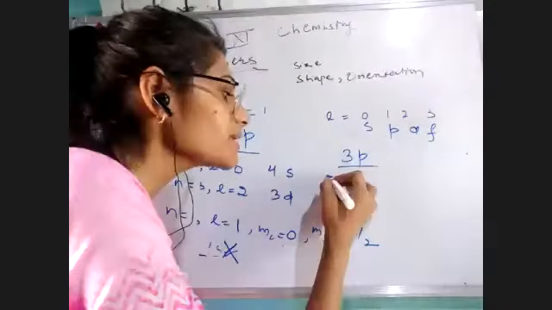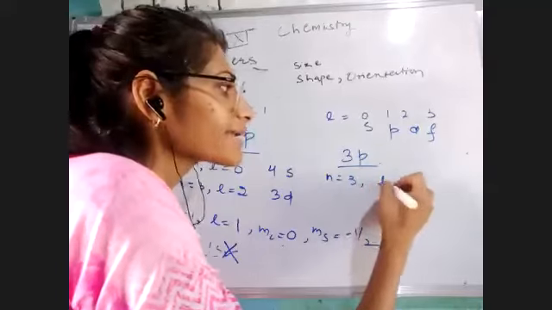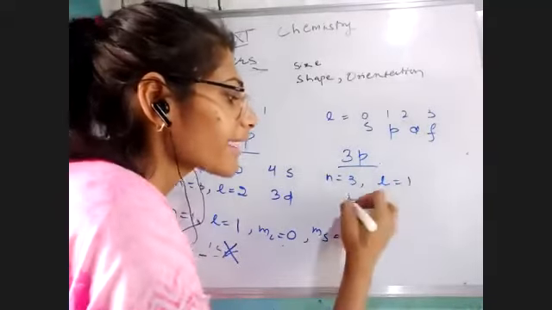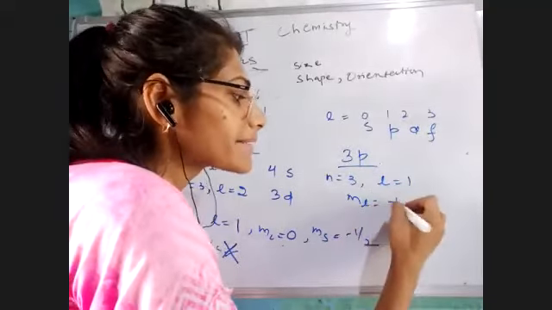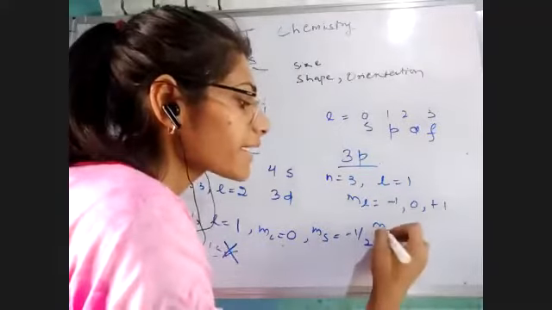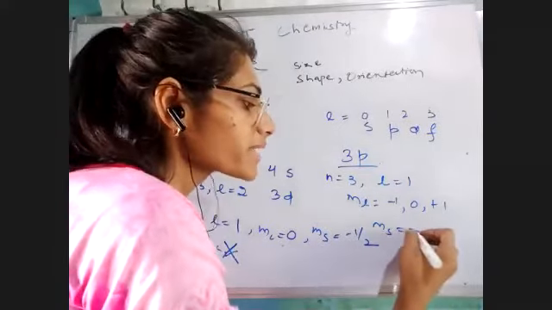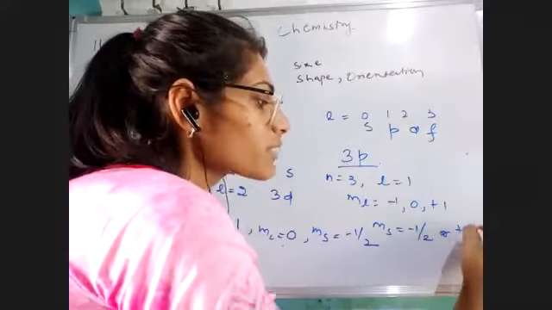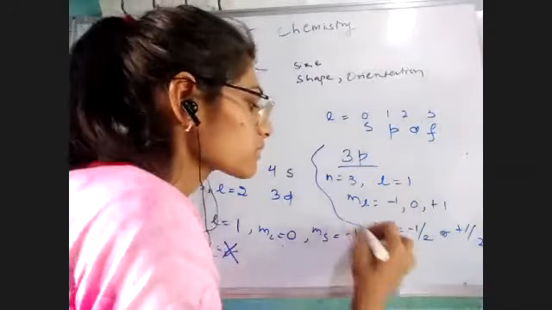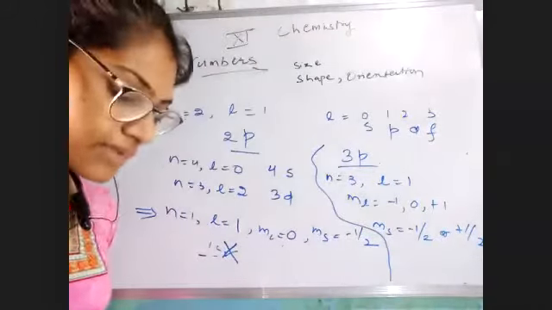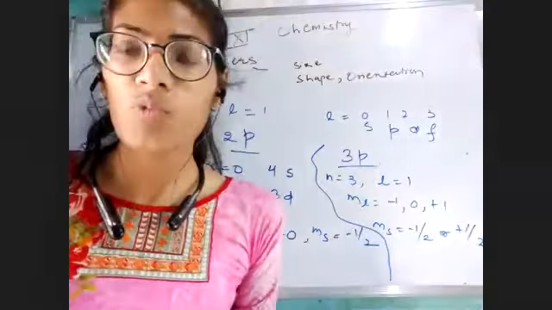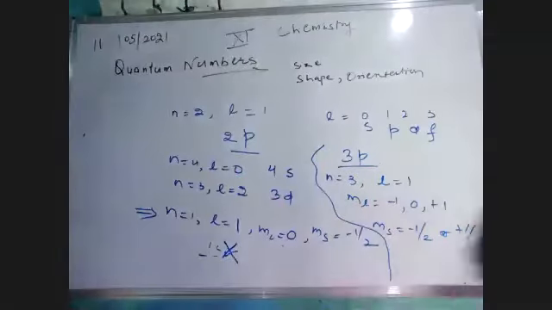Super simple. n equals 3, L equals 1, ml equals -1, 0, plus 1, and ms could be either -1/2 or +1/2. So this is the way we can take help of our quantum numbers and represent them.